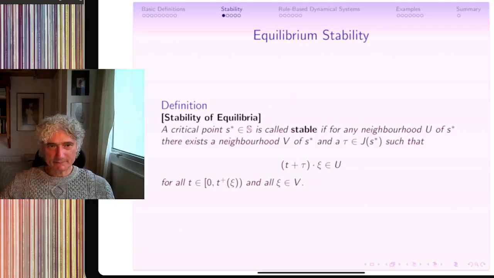So we say a critical point s star in S is called stable if for any neighborhood U of s star there exists a neighborhood V of s star and a tau in the existence interval of s star, such that if you shift t plus tau times xi, this must be in the neighborhood U for all t from 0 to t plus of xi, and that is for all xi in the neighborhood V. Okay, so this looks a little bit like, for example, the condition of continuity, which you have learned in year 1.